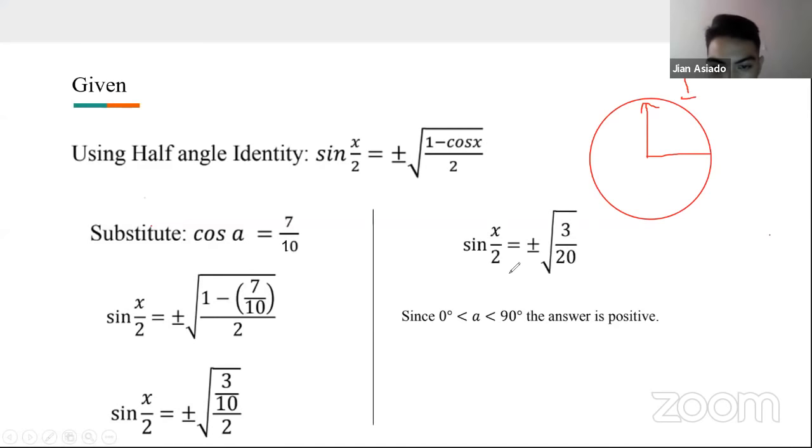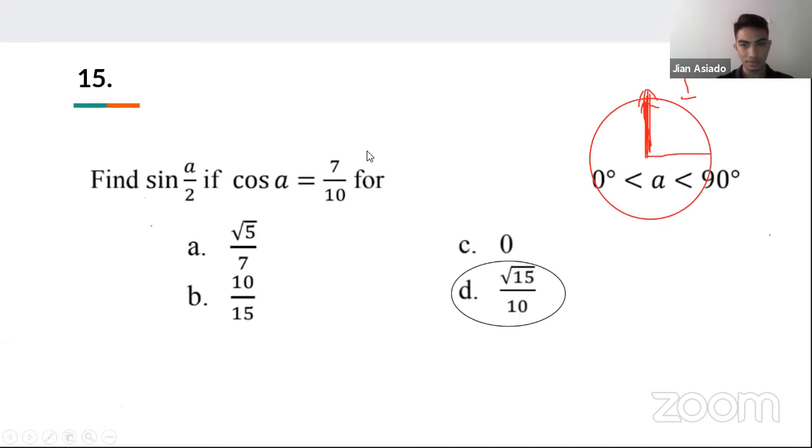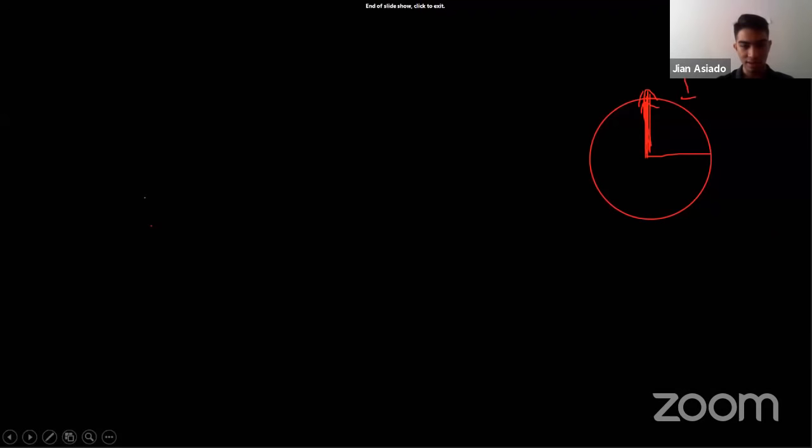So, ang answer ay positive. Nasa positive y values. No? Nasa taas. Okay. So, ayan siya, letter B. Yep. And that's it for trig.